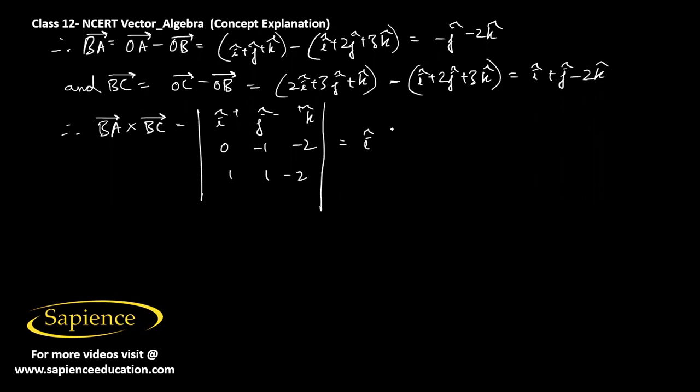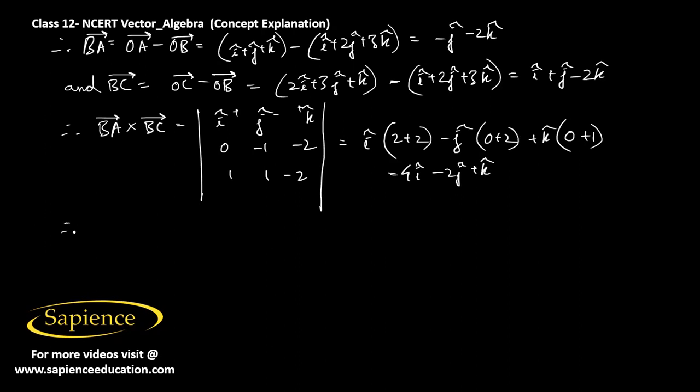So i cap into 2 minus of -2, that is plus 2, then minus j cap into 0 minus of -2, so plus 2, and plus k cap into 0 minus of -1, that is plus 1. So it will be 4i cap minus 2j cap plus k cap.